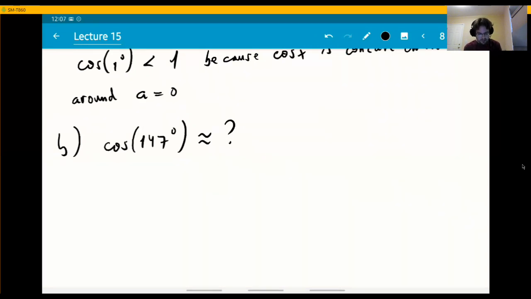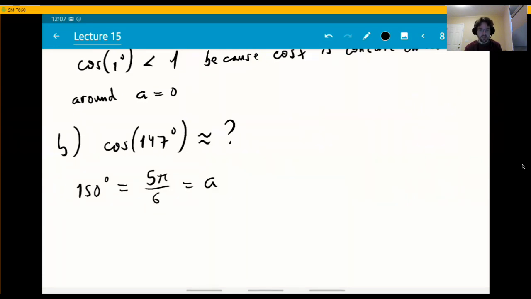All right, so first of all, before we even think about that, what is a close enough value to this angle where we know the value of cosine? 150 degrees, which is 5 times 30 degrees, so 5 pi over 6 in radians.